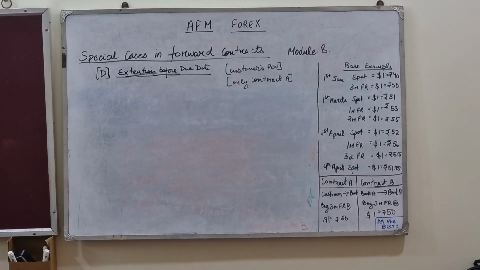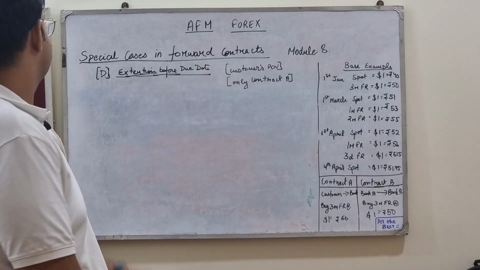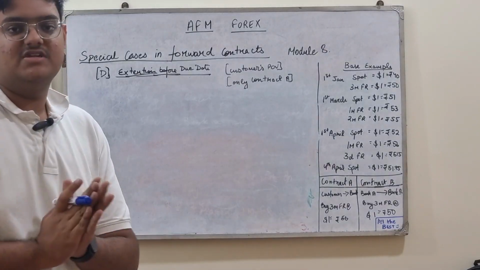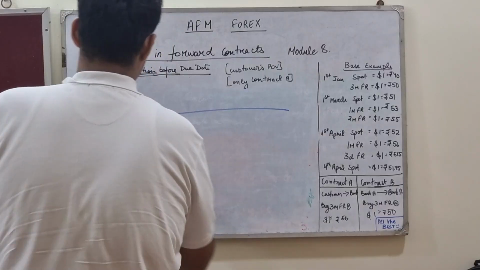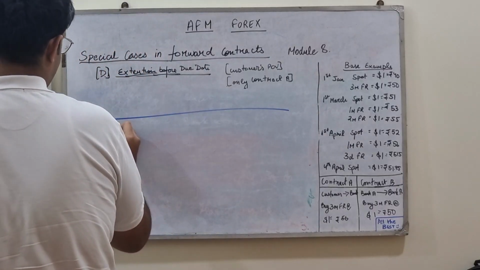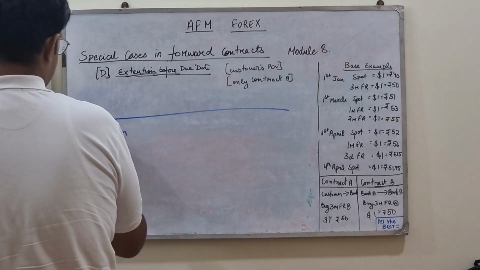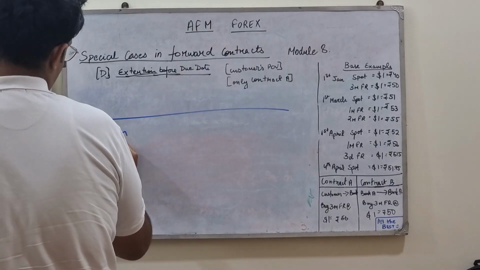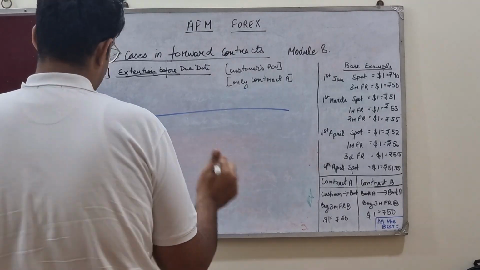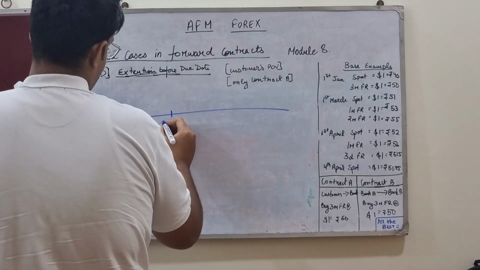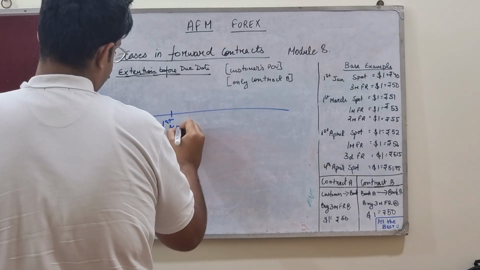Extension before due date, D. I'm not going to waste too much time here. I'm just going to go ahead with the timeline. So this is 1st Jan, which is the date we entered into contract A with bank B. Then this is 1st March.